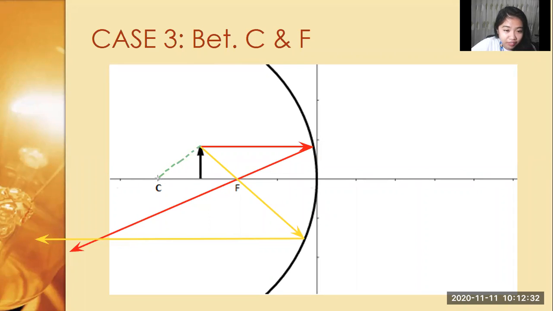And then let's just draw a line from that one to here. And then going back. Ayan, dapat dito lang siya pantay. Anyway, I'm just going to draw a line here from there.